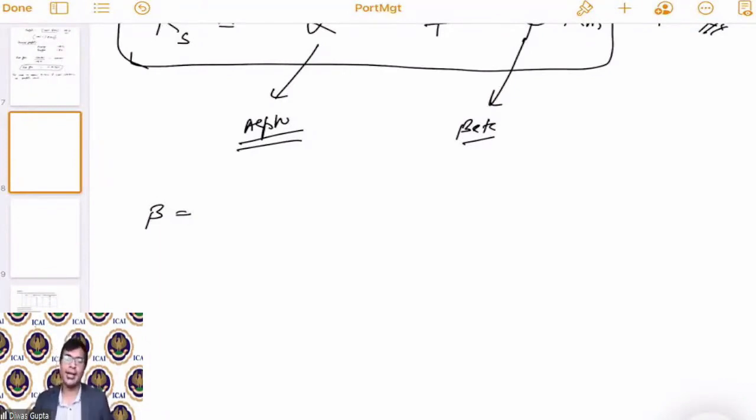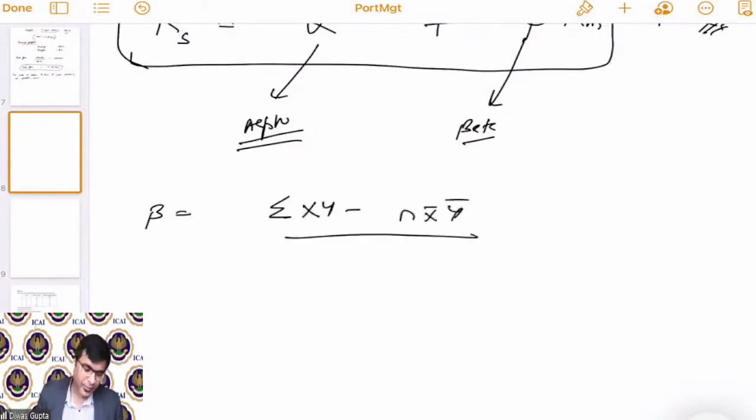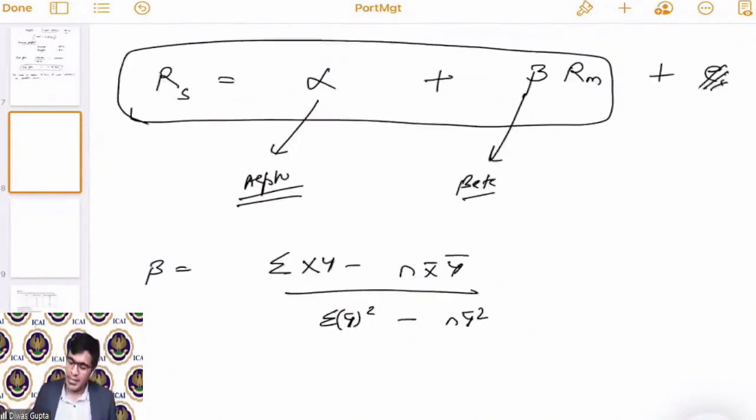But in the regression technique, you just need to write this formula: summation xy minus n x bar y bar divided by summation y square minus n y bar square. This is how beta is calculated.